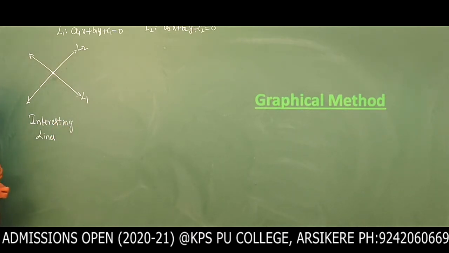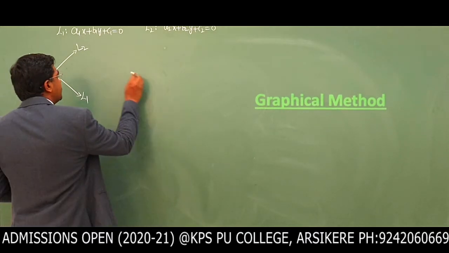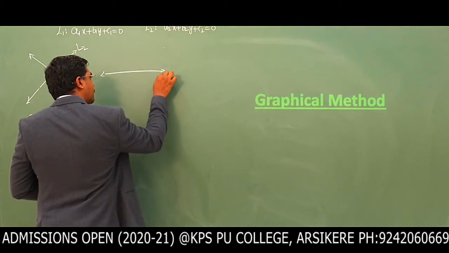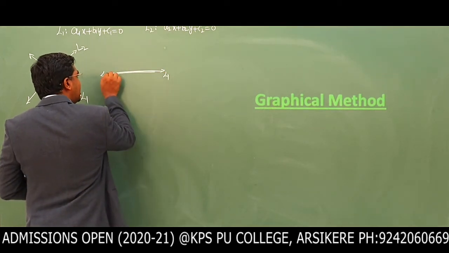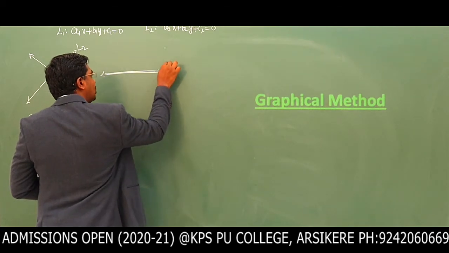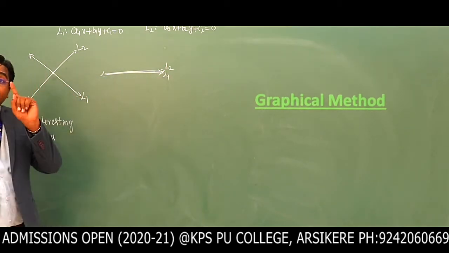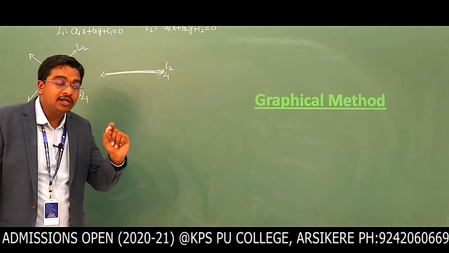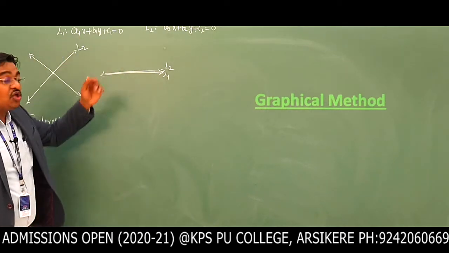Lines are intersecting. Let us look at the second case. Here they overlap. We have the line L1 and, on the same line, another line L2. It means the lines are coincident. So the graphs of L1 and L2 are coincident.